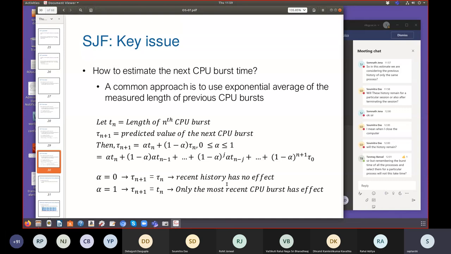Please unmute yourself and clarify. In the system, all these times of all the CPU bursts are stored, and then if a process A is running, for this tau n calculation we have to select all the processes in which previous instances of A has run, right, to calculate the tau n.